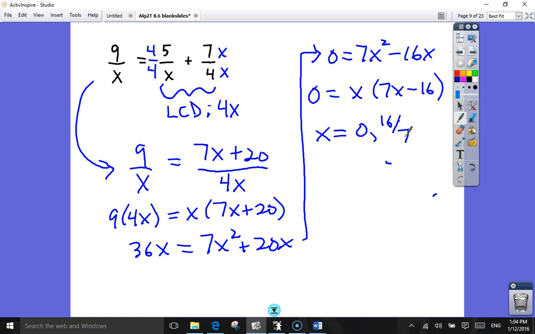So that's extraneous, because divide by 0.